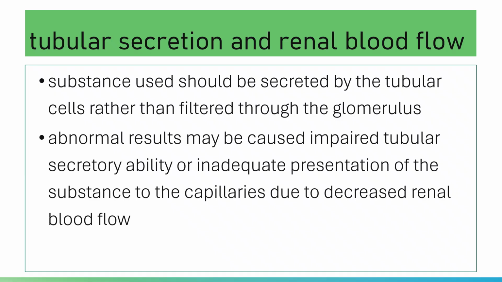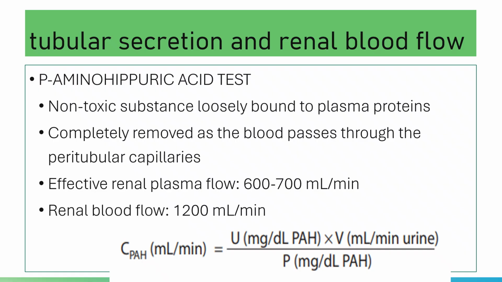Let's start with the para-aminohippuric acid test, your PAH. It has the same principle as GFR. Please note that pure para-aminohippuric acid is a non-toxic substance that is loosely bound to plasma proteins.